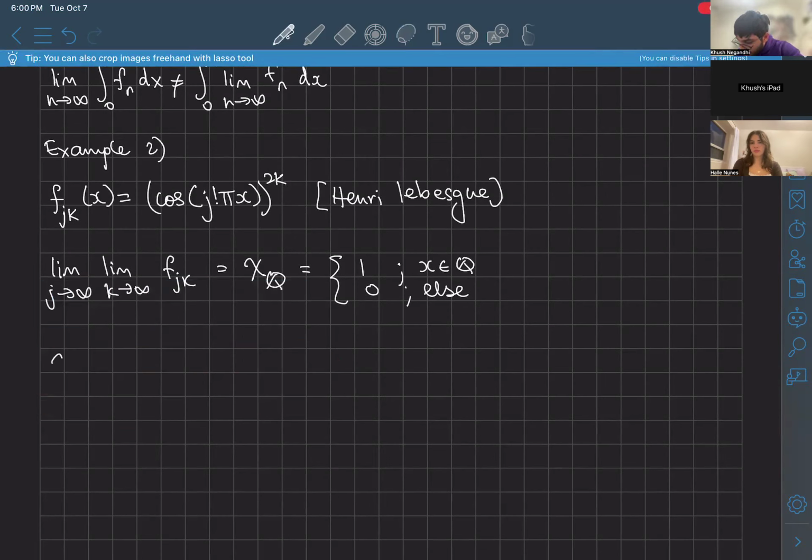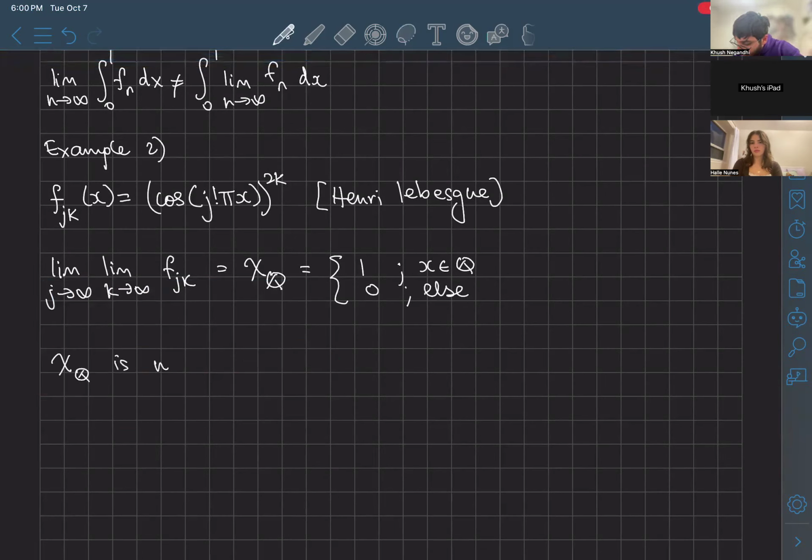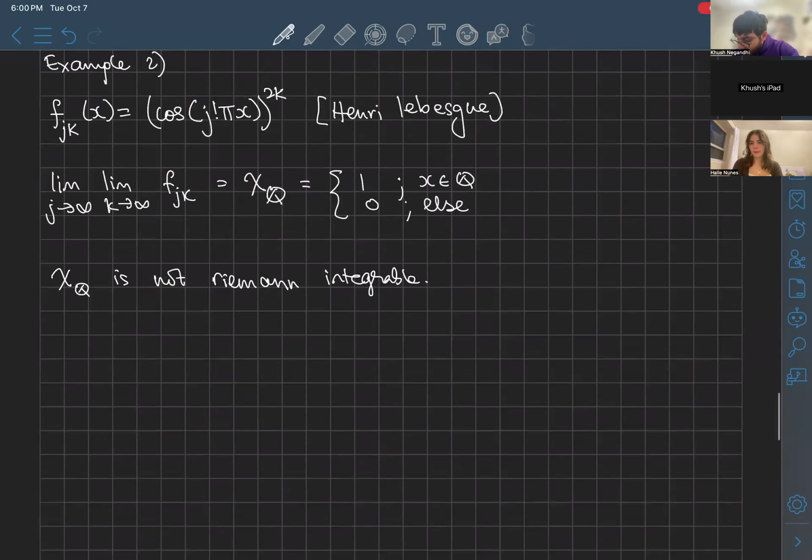Okay. It is not Riemann integrable. Now let's see why. Let's say I take a lower sum of this with some partition. To see this, let's compute the integral from 0 to 1 of this characteristic function.